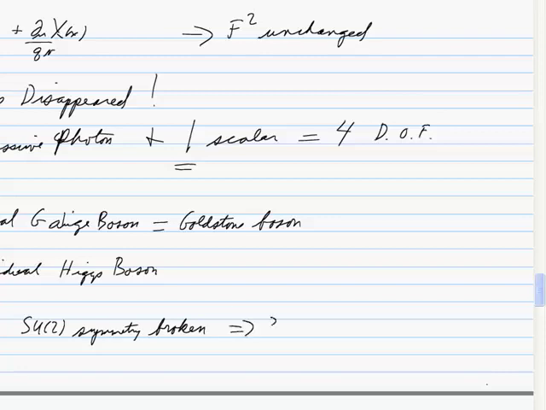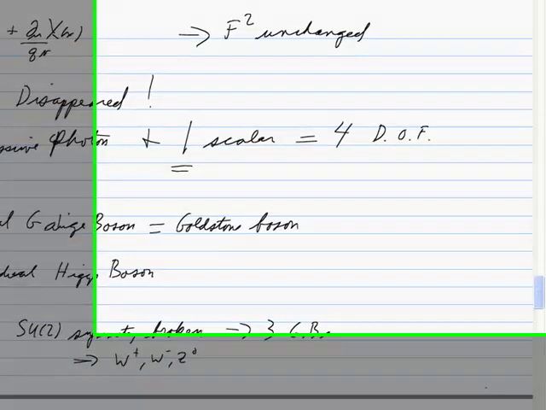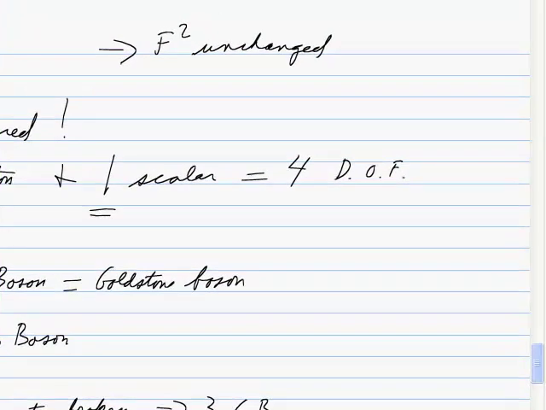That would normally imply 3 Goldstone bosons. And those become the longitudinal states of the W plus, the W minus, and Z0. And the leftover guy, I mean, I'm not working this out in detail for you here, but the leftover guy is the Higgs boson that's going to be found in the next couple of years. Okay.